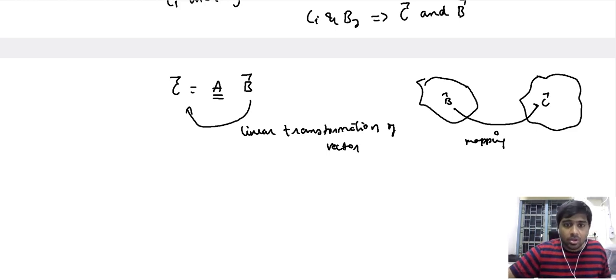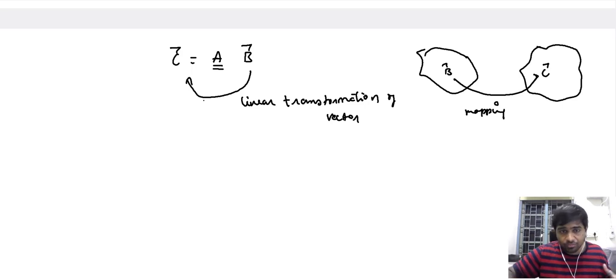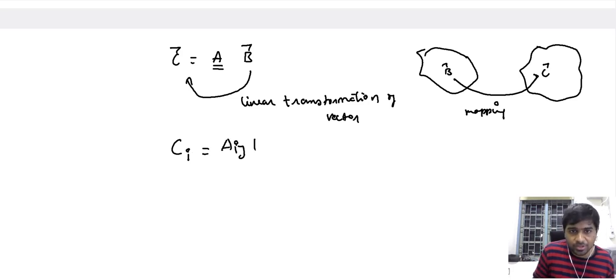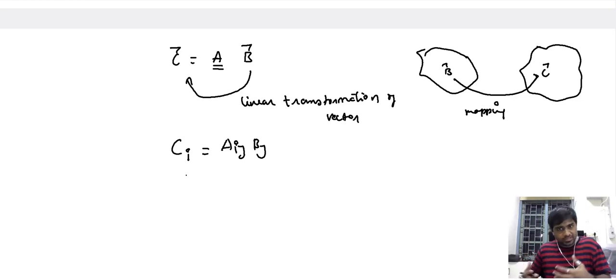Now, when you represent this linear transformation of vectors using the tensor notation, we saw that it can be represented as C_i = A_ij B_j. So this is the way this linear transformation of vectors can be represented. One vector transforming into another vector can be represented in this way.